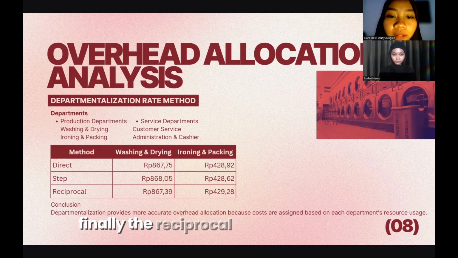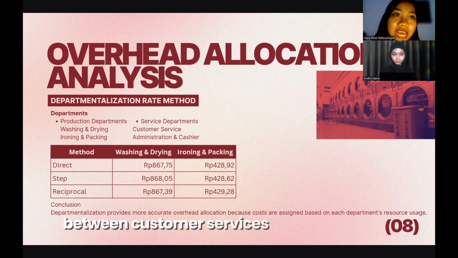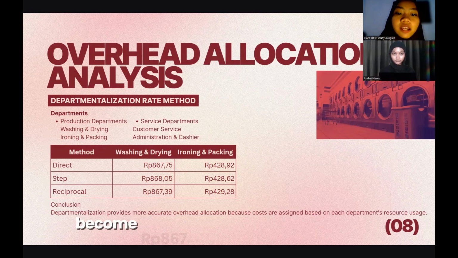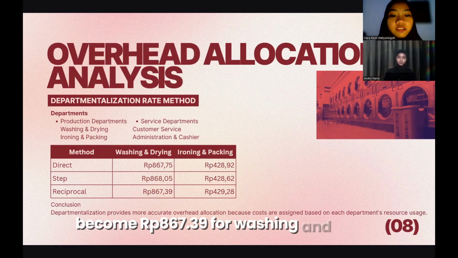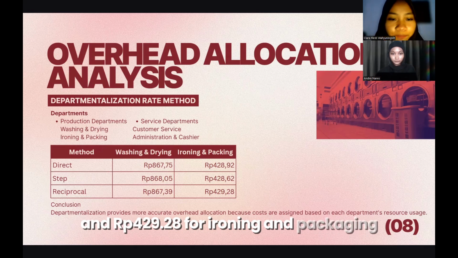Finally, the reciprocal method recognized multiple services between customer service and administration. After solving reciprocal allocation, the departmental rates become 867.39 rupiah for washing and drying and 429.28 rupiah for ironing and packaging.